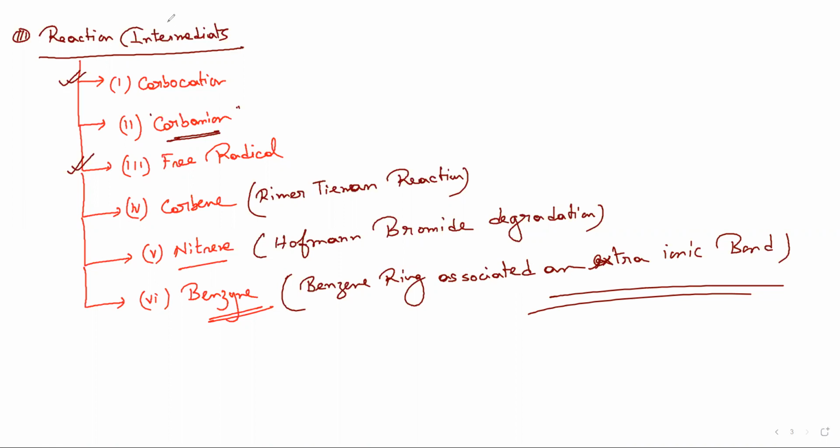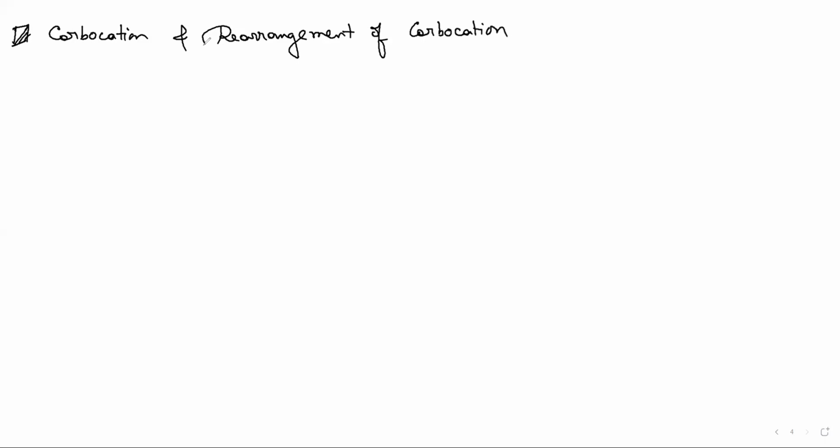Today I will discuss the carbocation mechanism and how to rearrange the carbocation. So next, write down carbocation and rearrangement of carbocation. This part is a little bit present in class 11 also.